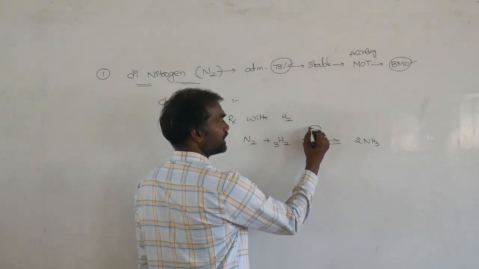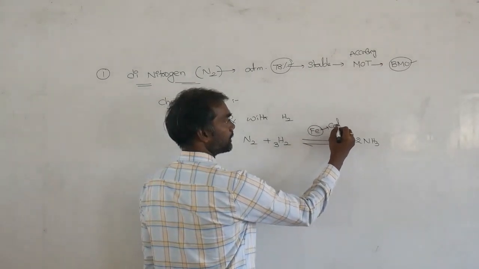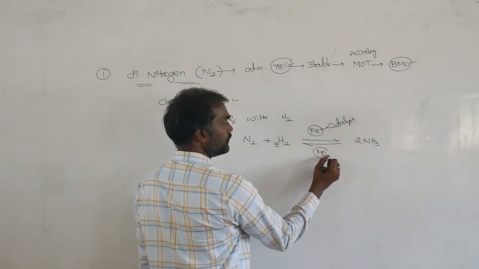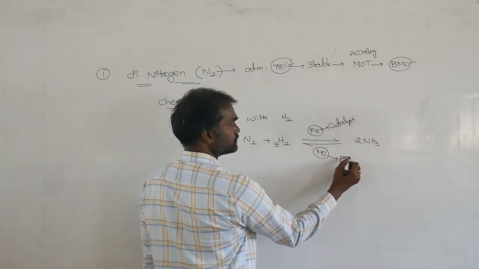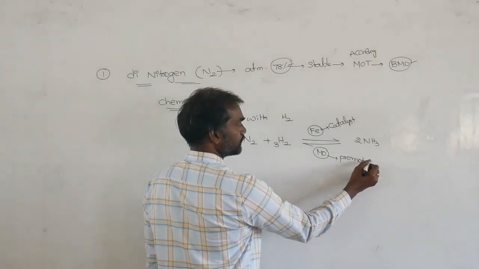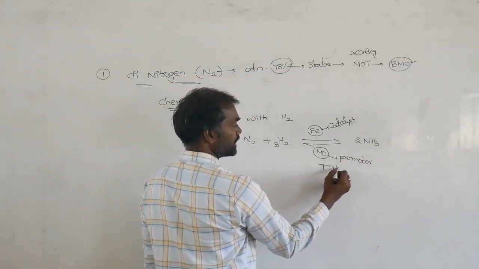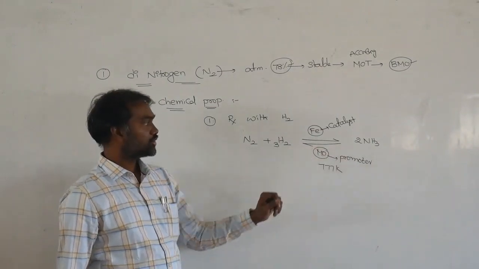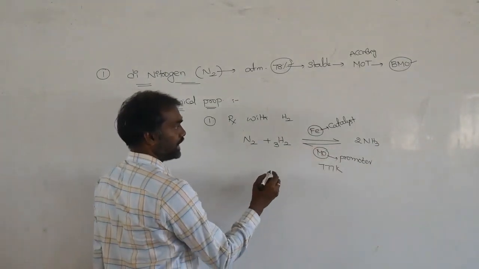Here iron is a catalyst, and molybdenum we must take as a promoter, at around 777 Kelvin. This reaction happens, and this is Haber's process.